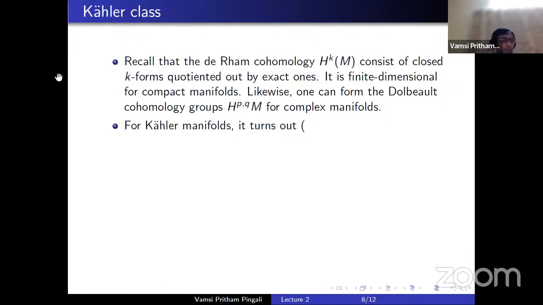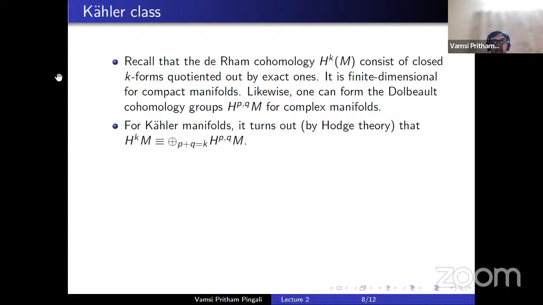For Kähler manifolds, it turns out by Hodge theory, which I hope has been covered for you, that you have this particular equality of these cohomology groups. For example, if you take any k-form, you can write it as a sum of (p,q) forms such that p plus q equals k.